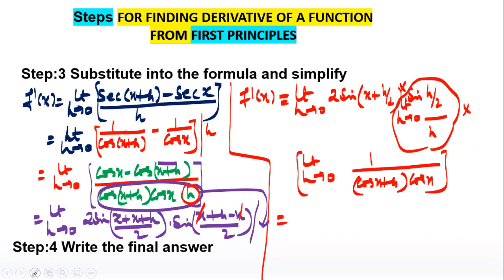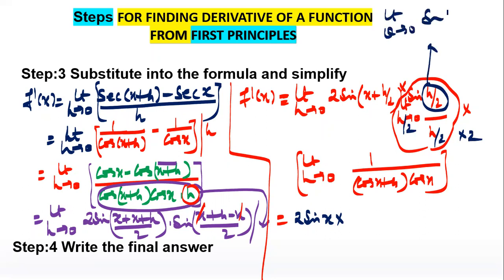Now substitute the value of the limit. Here you can see it will become 2 sine x into, here we can see it is h by 2. I can divide it by 2 and multiply it by 2. And if h tends to 0, h by 2 tends to 0. Because we know that if theta tends to 0, sine theta upon theta is 1.